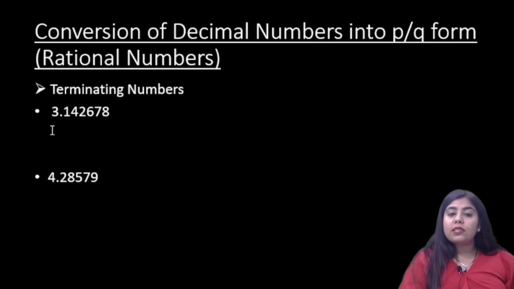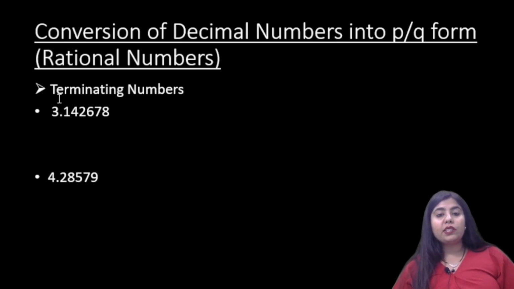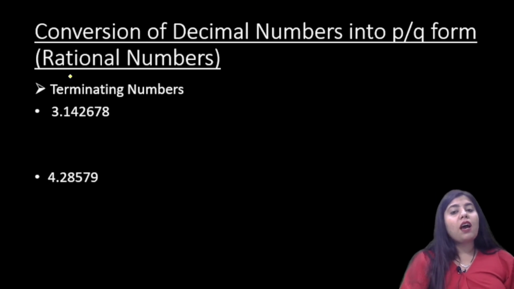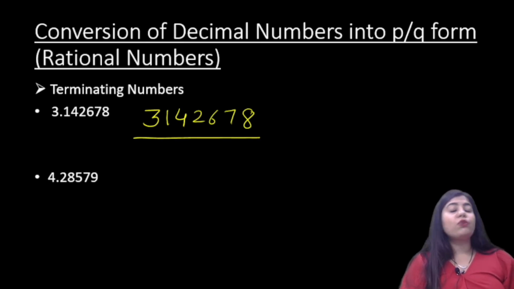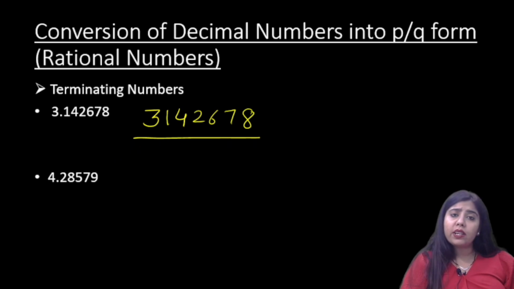See, the first example is 3.142678. Now, to convert this into rational number, you just have to write the number as it is without the decimal, 3142678, and that will be the numerator, and now you have to write the denominator. How can you write the denominator?